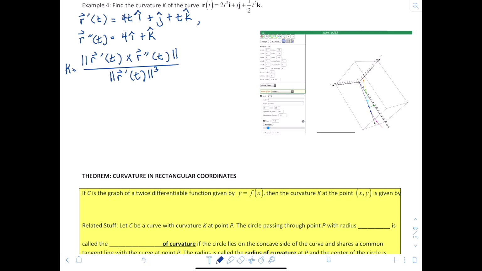So let's find everything out. The magnitude of R prime at t is just going to be equal to the square root of 4t quantity squared, which is 16t squared, plus 1 plus t squared.